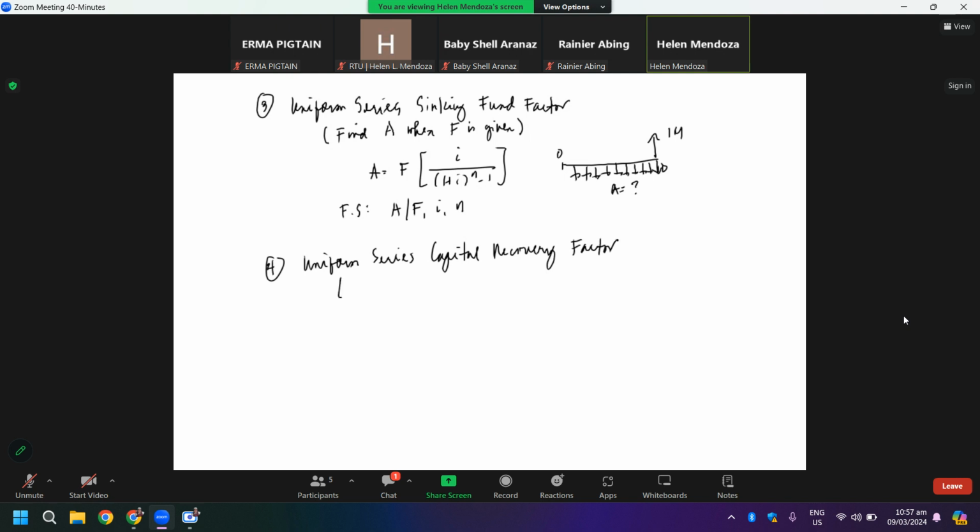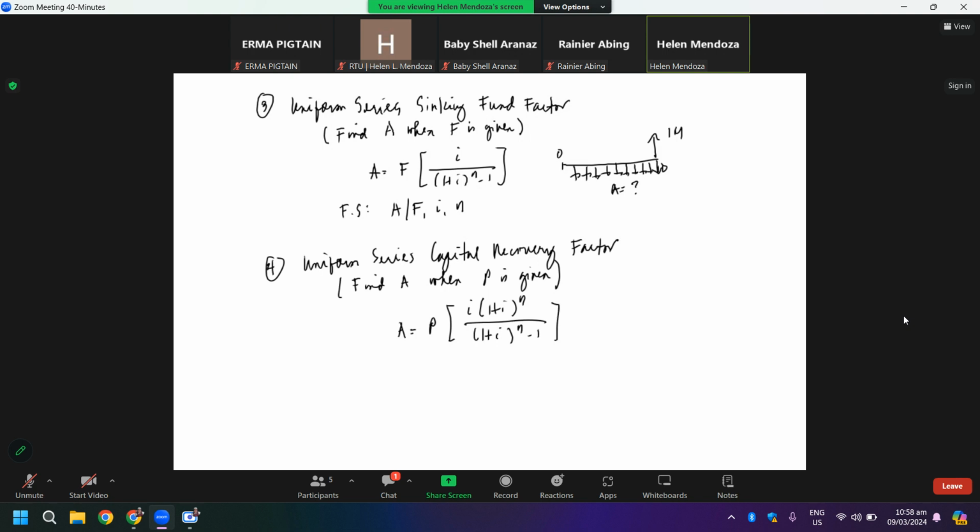This is used when we try to find A when P is given. So A is given by the formula A = P [i (1 + i)^n] / [(1 + i)^n - 1].